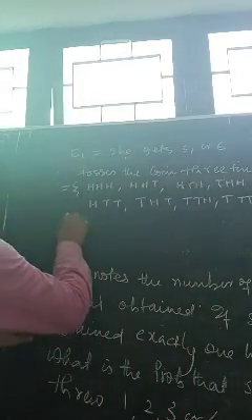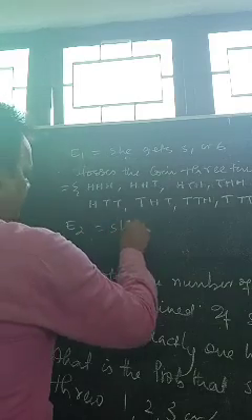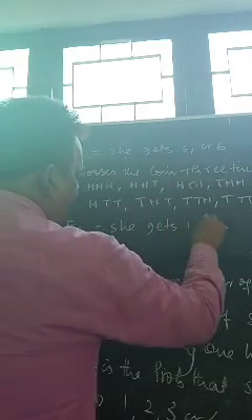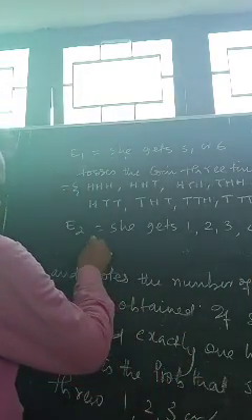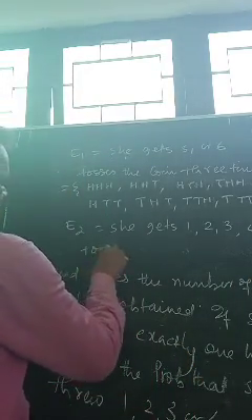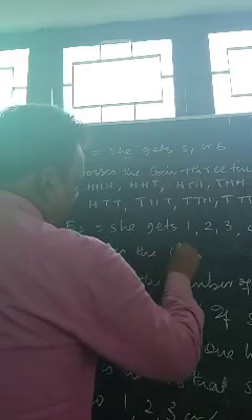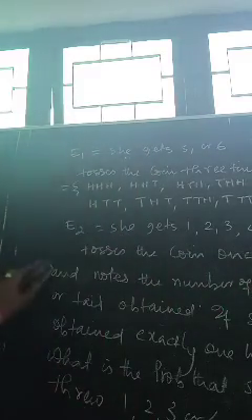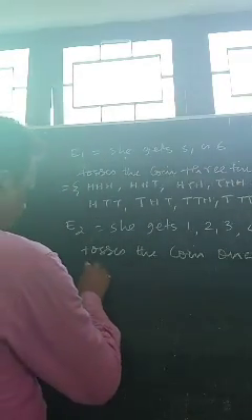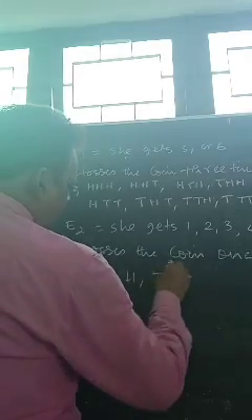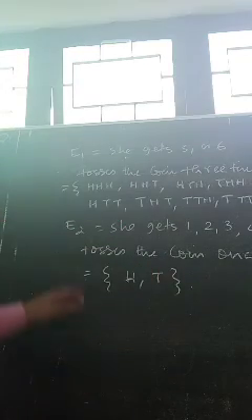What is E2? Now she gets 1, 2, 3 or 4. Then she tosses the coin once. So what will you get? Once means either head or tail. Okay, then what is there?